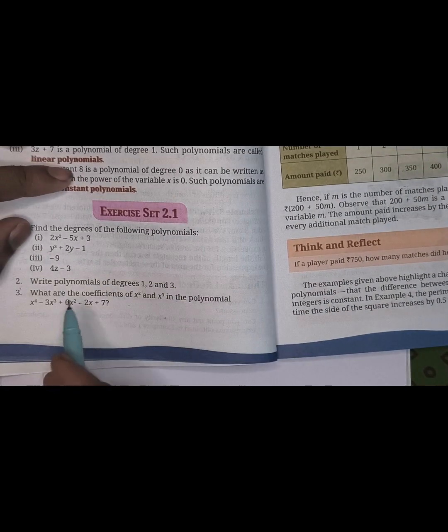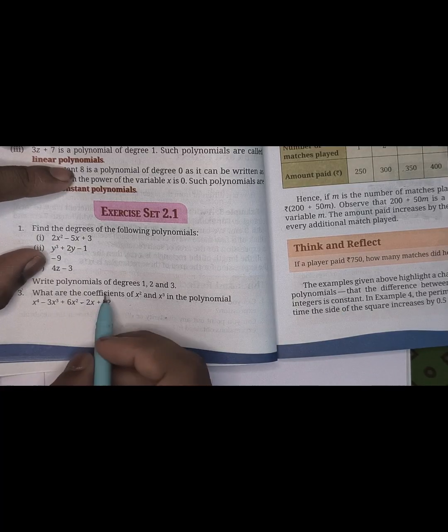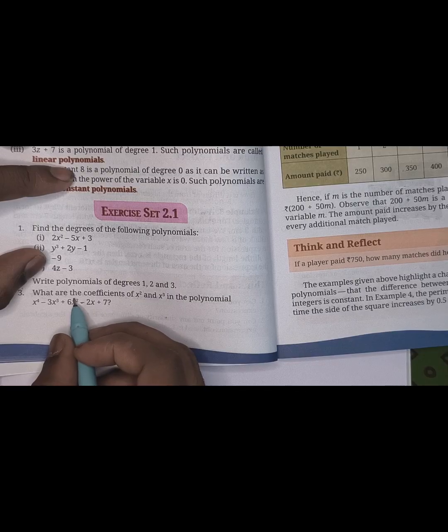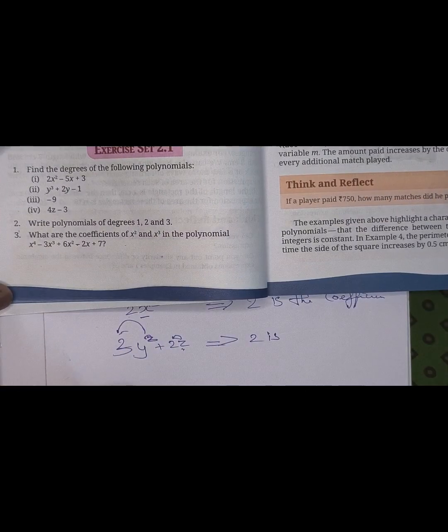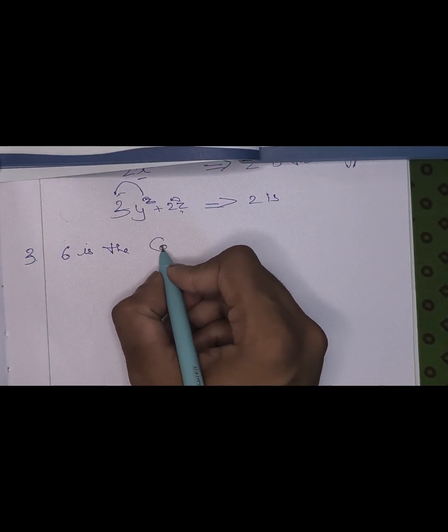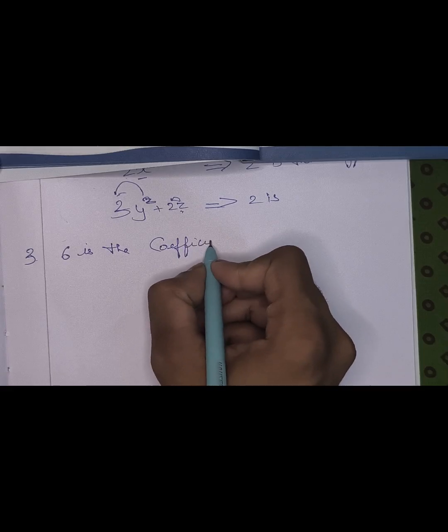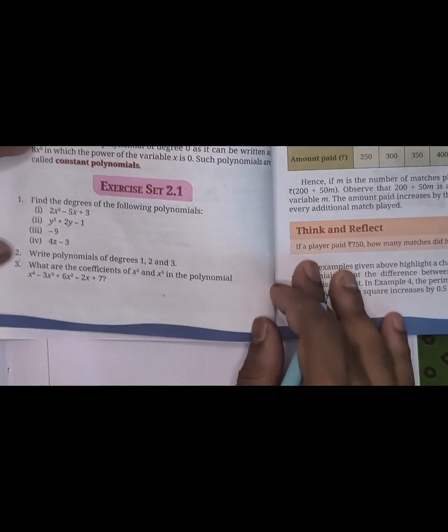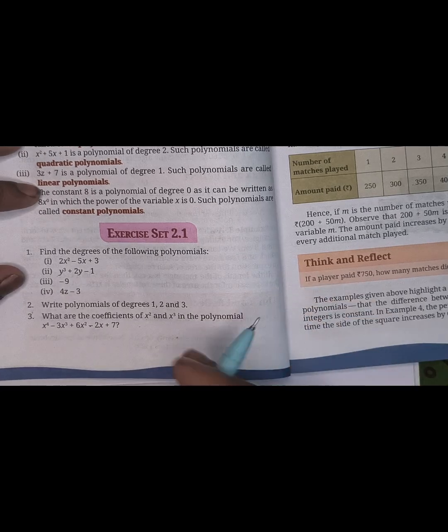See here, what are the coefficients of x square and x cube in the polynomial? Listen here, where is the x square here? Here, right? What is the value before this x square? 6. So 6 is the coefficient of x square. Next, they have asked two questions in this question.